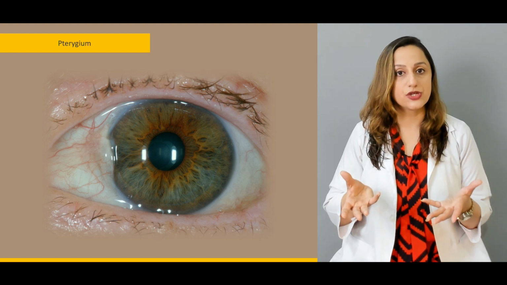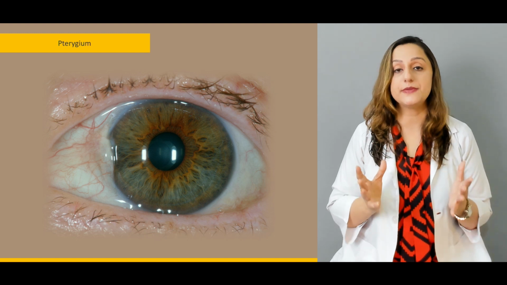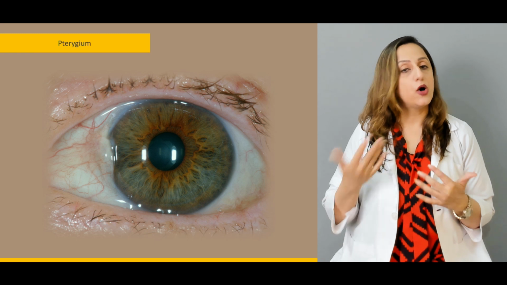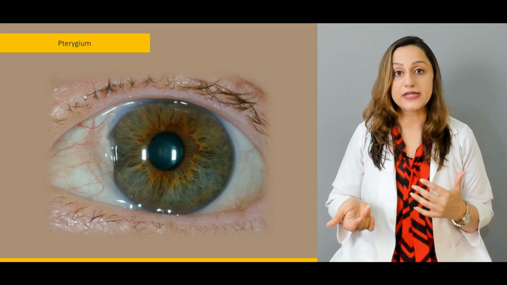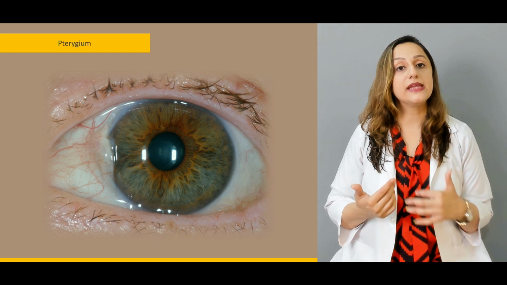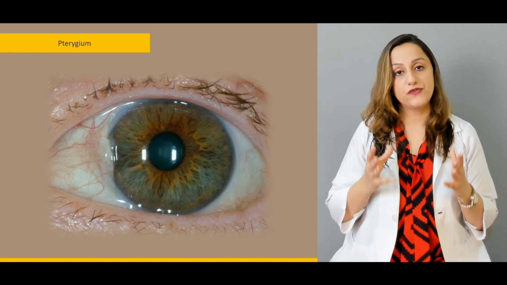It can be avascular, it can be vascular as well, as we're going to study that there are two types of this pterygium. On one hand, we have a progressive type, which is vascular in nature, and on the other hand, we have an avascular kind of pterygium, which is a regressive kind of pterygium.